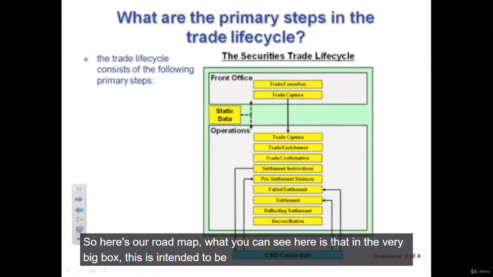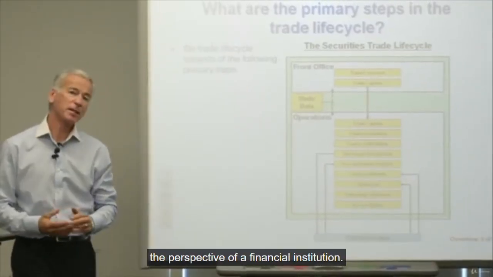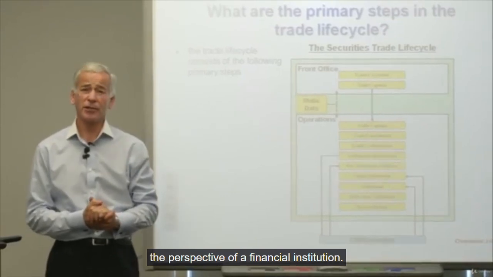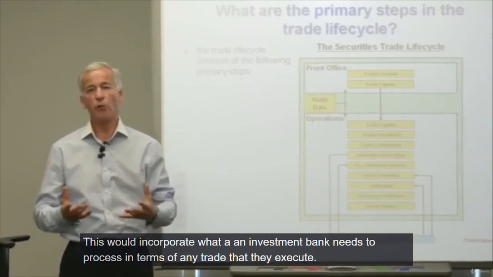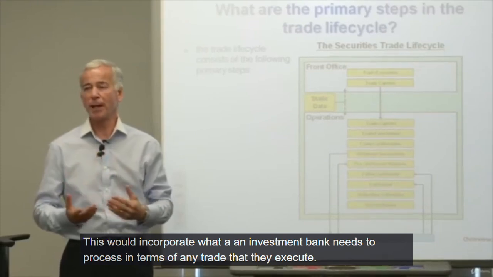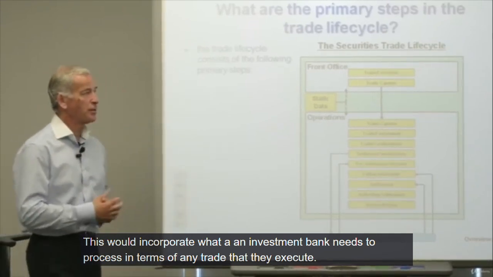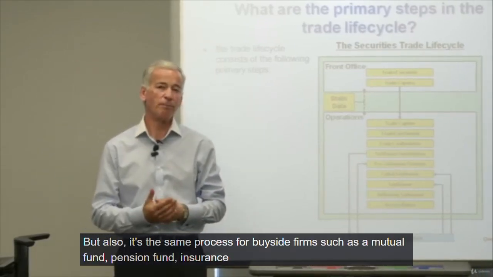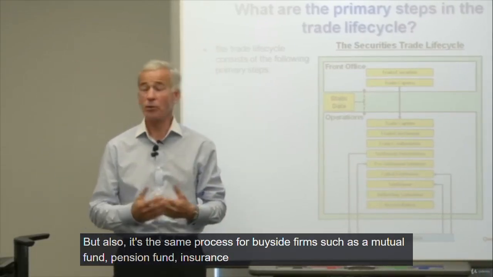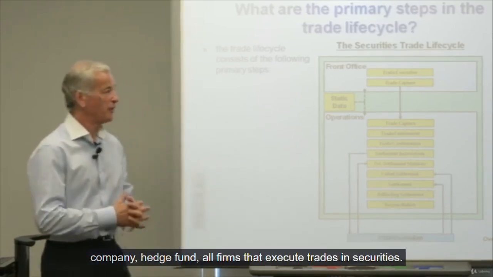What you can see here is that in the very big box, this is intended to be the perspective of a financial institution. Now, what do we mean by that? This would incorporate what an investment bank needs to process in terms of any trade that they execute, but also it's the same process for buy-side firms such as a mutual fund, pension fund, insurance company, hedge fund.